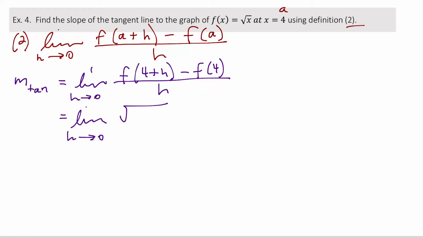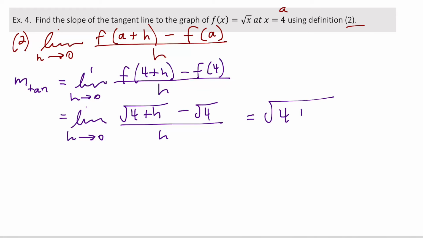I only have one x in my function, 4 plus h. And then I'm going to evaluate my function at 4, which would be the square root of 4 all over h. So that's the same thing as the square root of 4 plus h minus 2 divided by h.